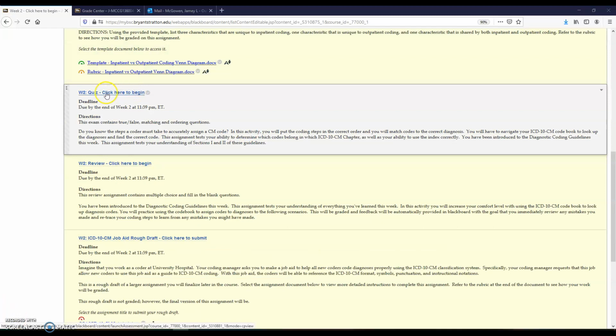Jumping back up to the quizzes, so these are both quizzes. One thing I would say is make sure you use your punctuation correctly if it's asking you to put in a code, because it will mark off if you don't have punctuation in there. This is a combination between actually assigning codes and using your ICD-10-CM guidelines.